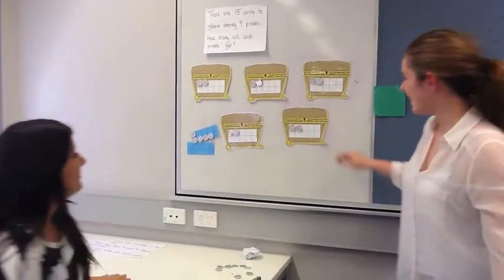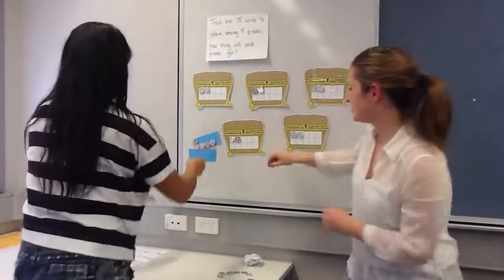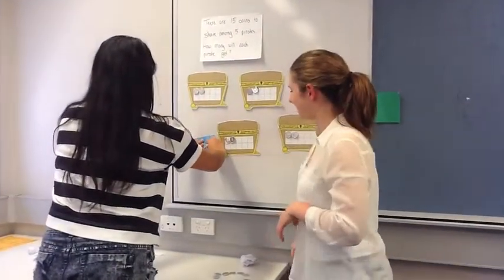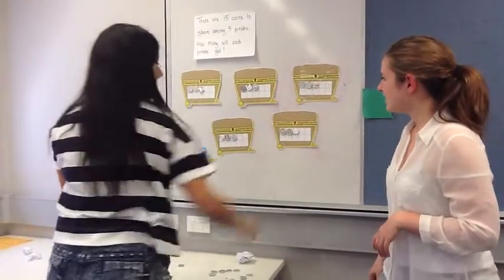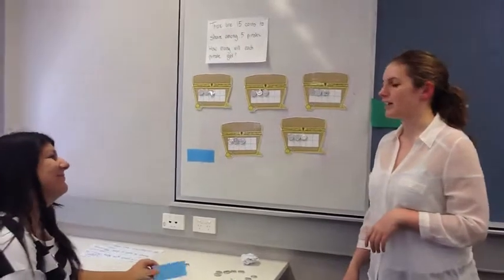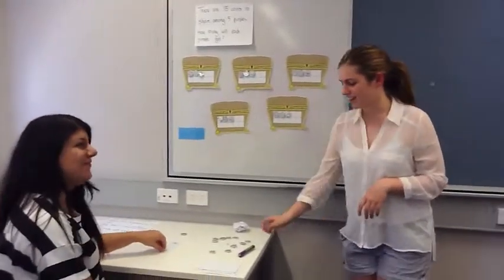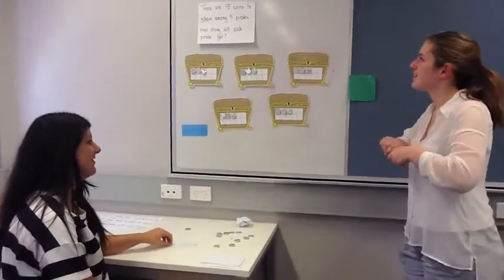Okay, and how many are in each of the pirates so far? 2 each. Well done. Alright, we'll put the last one in each of the pirates. I'll help you. So how many does each pirate have? 3. Okay, so let's write this mathematically.